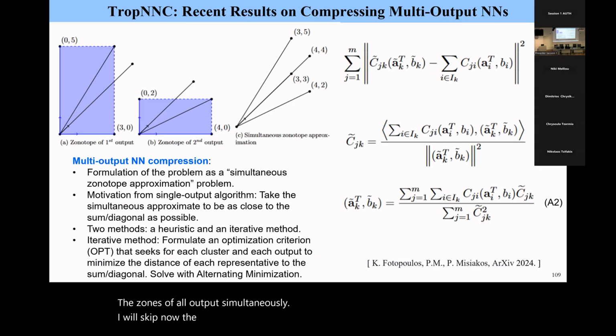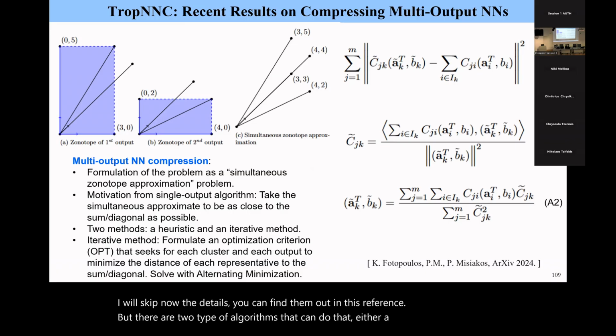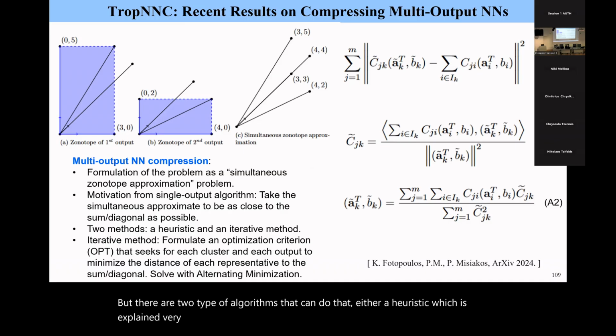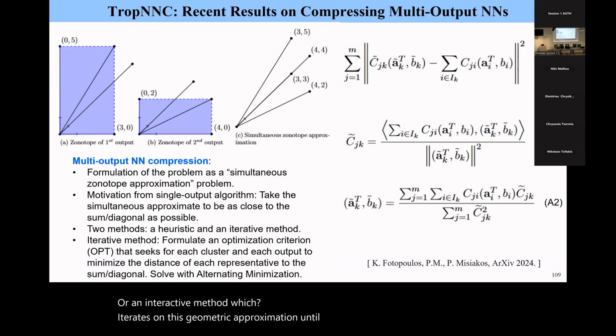You can find them in this reference. But there are two types of algorithms that can do that, either a heuristic, which is explained very similarly to the explanation I gave before, or an iterative method, which iterates on this geometric approximation until convergence. The iterative one will give better results, but higher complexity.